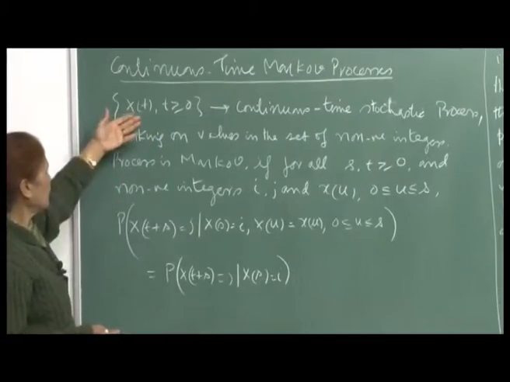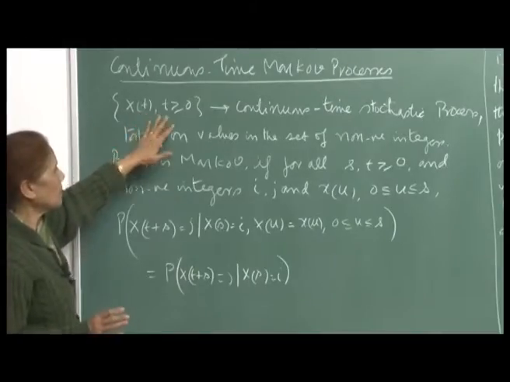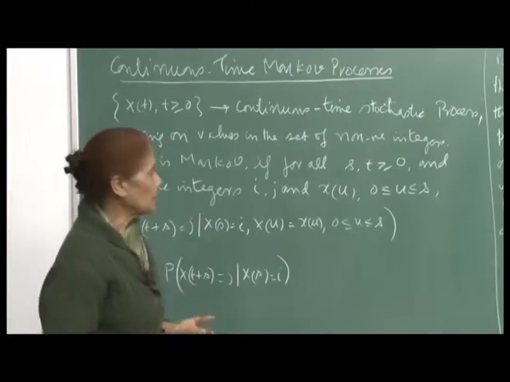As t varies, you get different values. Since t is greater than or equal to 0, time is simply varying continuously.